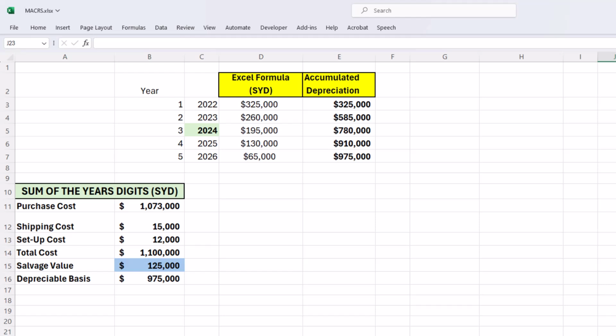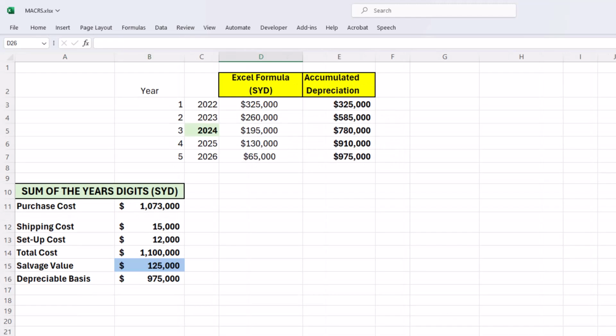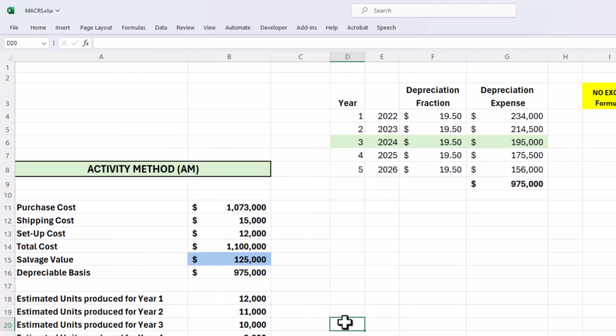By the way, in case you wonder, based on accounting trends going back years and years, if you have 1,000 companies, 800 out of those 1,000 will use the straight line method. And the least used one will probably be the sum of the years digits. AM, what is that? Well, that's activity method. Not everything is measured in years or time.